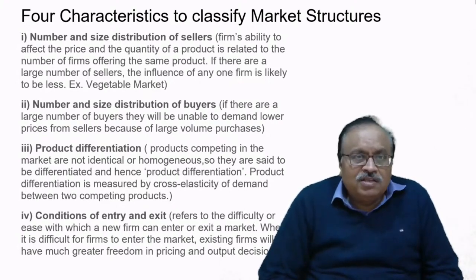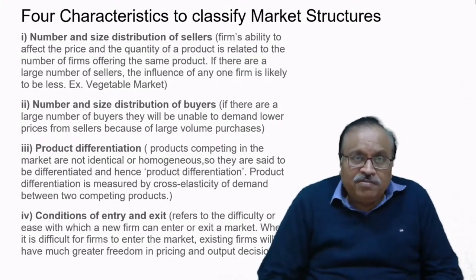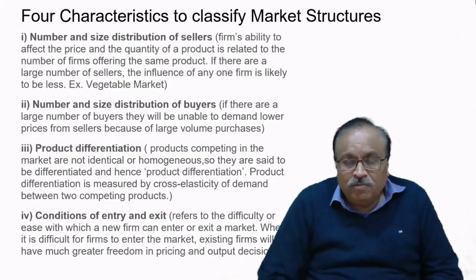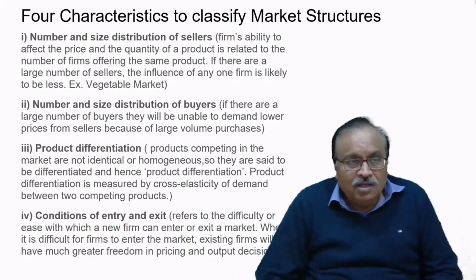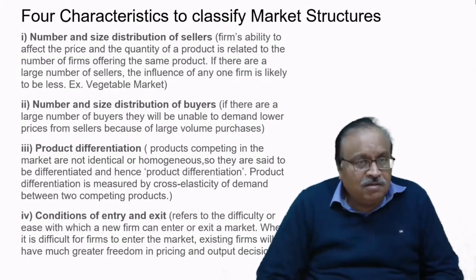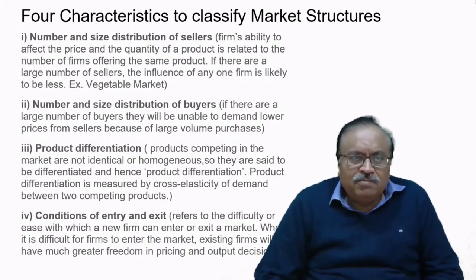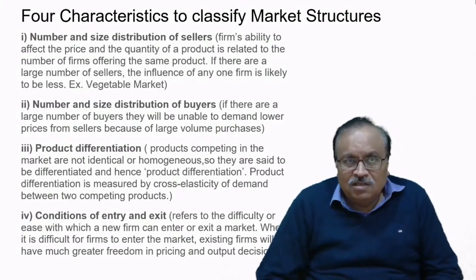The first is the number and size distribution of sellers. A firm's ability to affect the price and the quantity of a product is related to the number of firms offering the same product. If there are a large number of sellers, the influence of any one firm is likely to be less. The example is a vegetable market. In a vegetable market, there are a lot of sellers sitting even side by side.